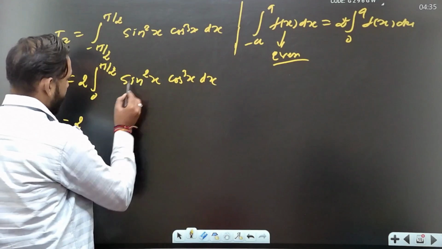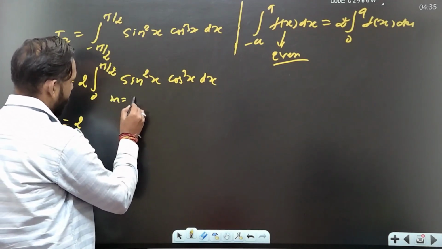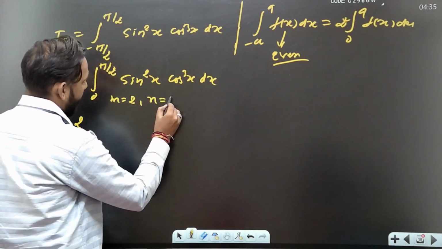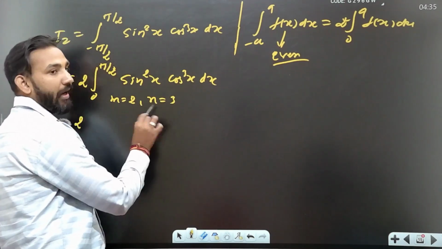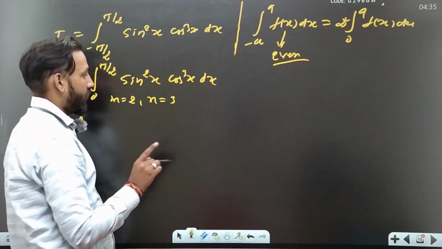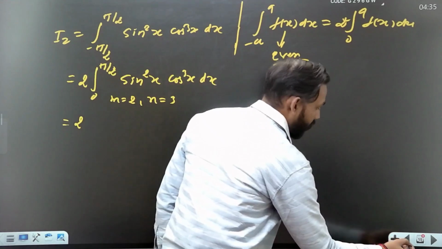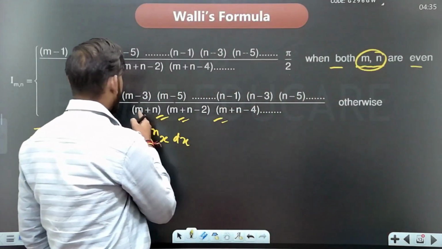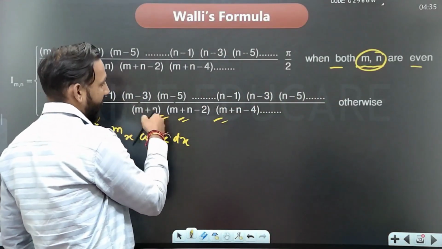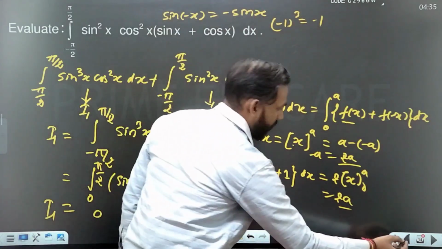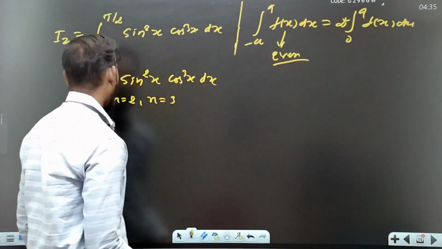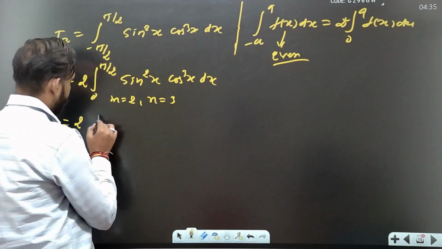And here the value of m is 2 and value of n is 3, then both m and n are not even, right? Then we have to apply the second formula of this thing, m minus 1, m minus 3, m minus 5, and so on.